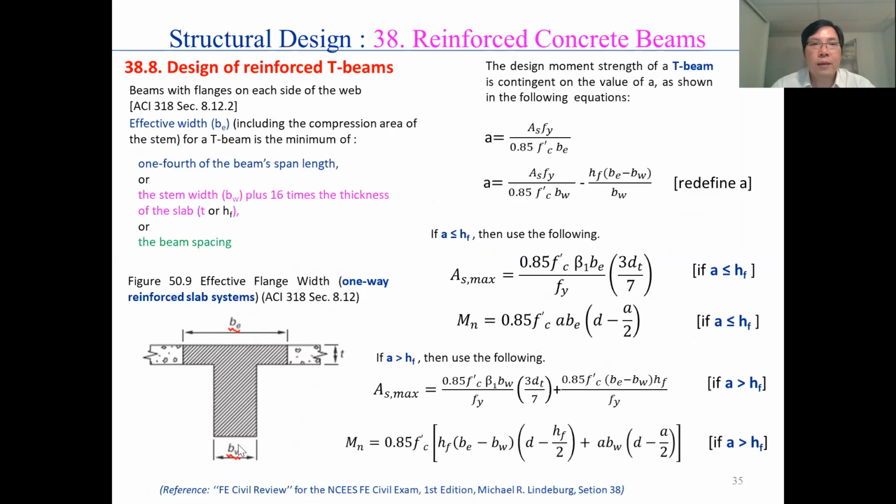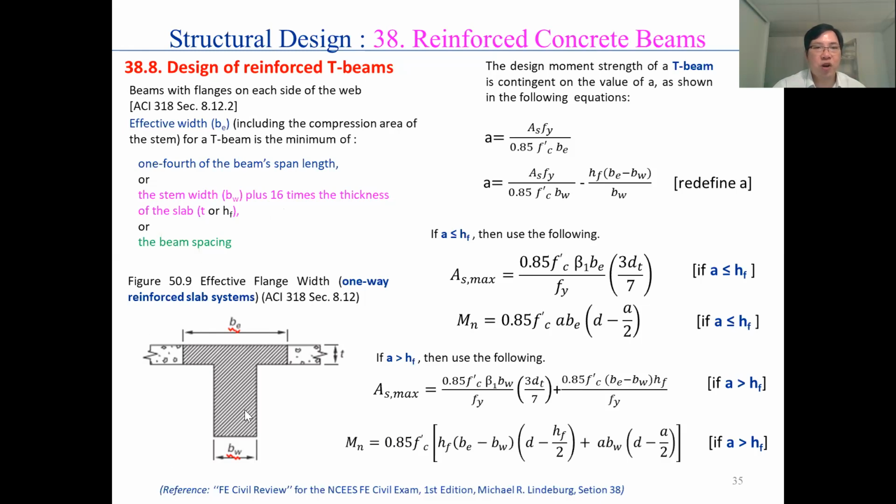Now, in this slide, I will show you the design of the reinforced T-beam. So the most important is that the effective width b_E for a T-beam is the minimum of one-quarter of the beam's span length, or the stem width plus 16 times the thickness of the slab, or the beam spacing.